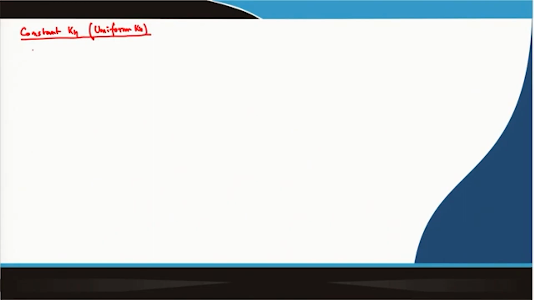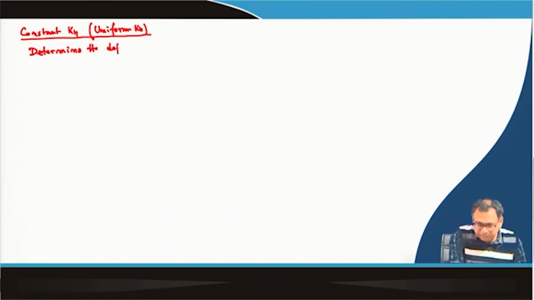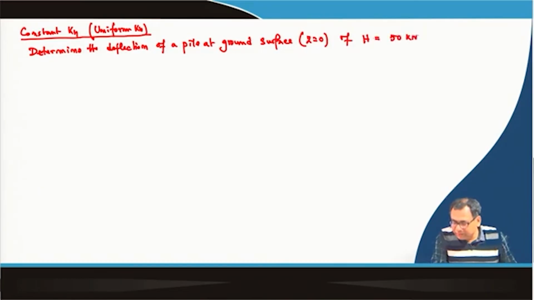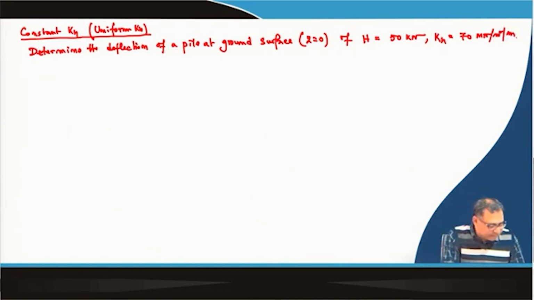So, determine the deflection of a pile at ground surface, so that means z is equal to 0, if the horizontal force H acting is 50 kilonewton and K H is 70 meganewton per meter square per meter and E P I P is given as 3700 kilonewton meter square.